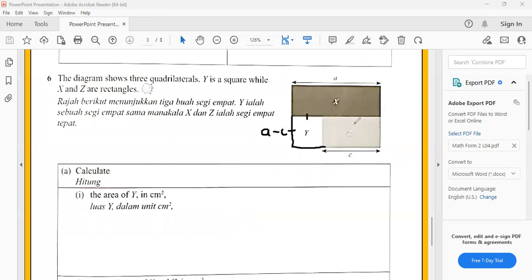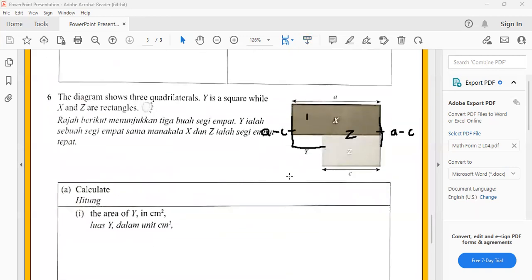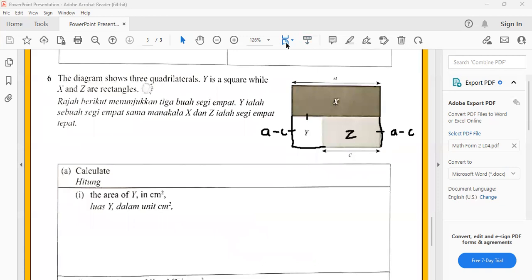This part, which means this part is also A minus C. Okay, this part is also A minus C. So to find the area of Z, you can just use C multiplied by A minus C.